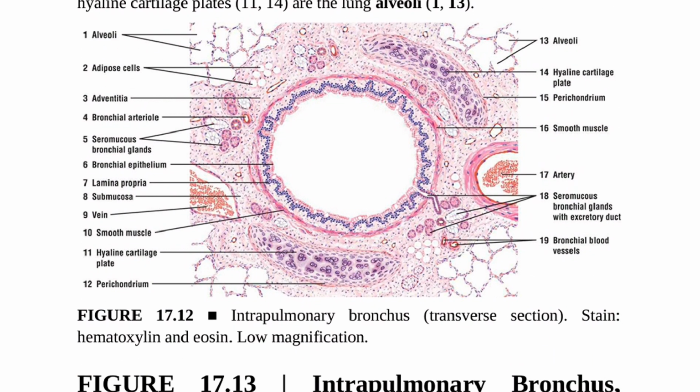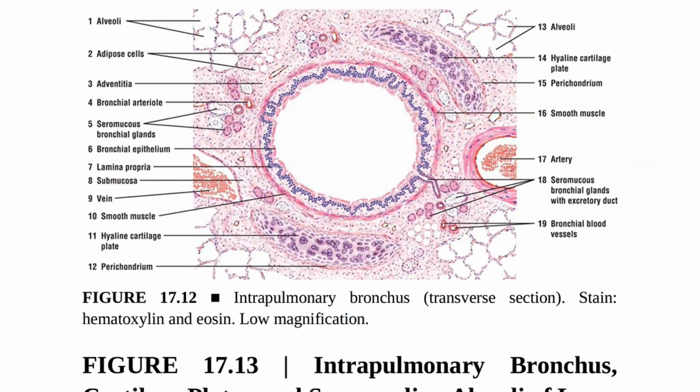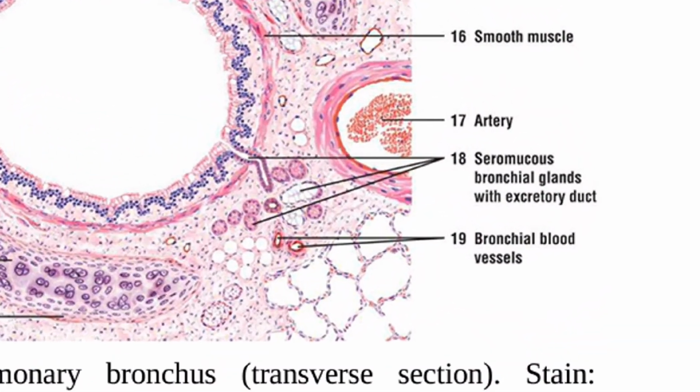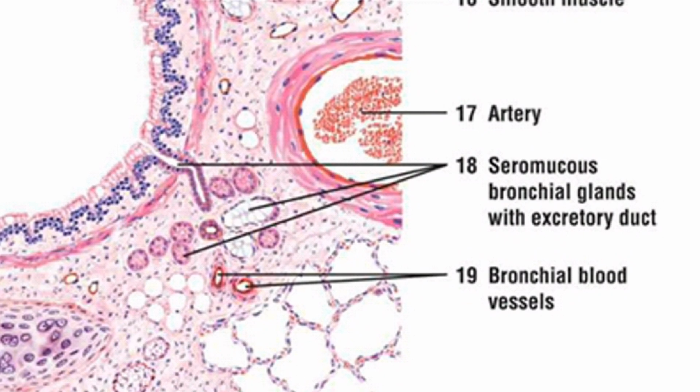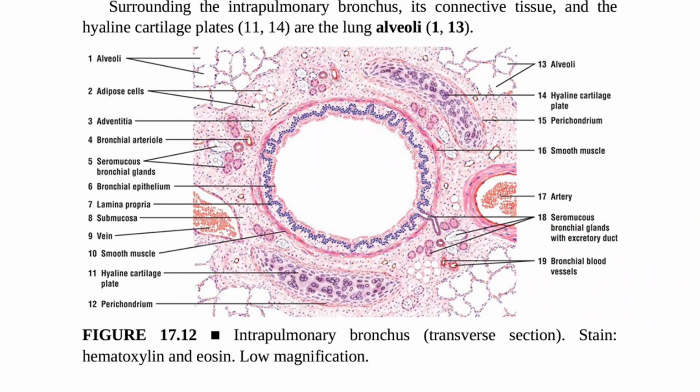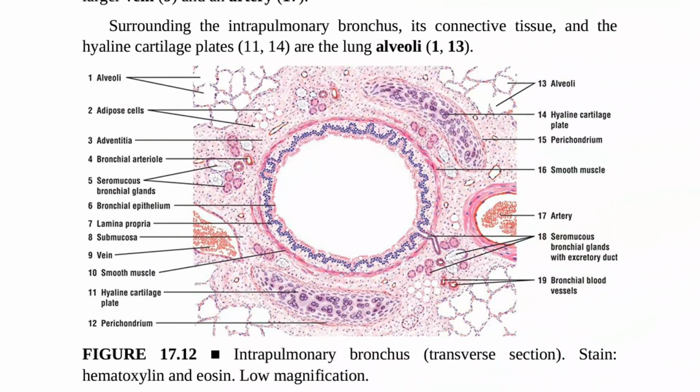Then the intrapulmonary bronchus, transverse section. All the names you see: this duct and the gland, the seromucous bronchial gland with the axillary duct, which is pouring the mucus into the lumen. Hyaline cartilage and everything, smooth muscle, artery, bronchial blood vessel, vein, lamina propria, bronchial epithelium, seromucous bronchial gland.